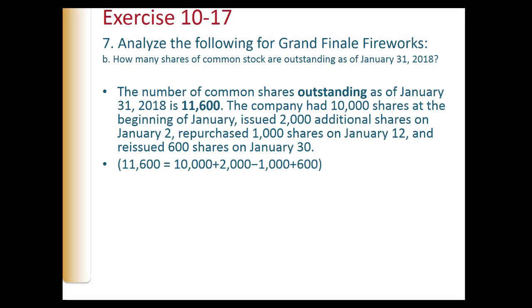Analyze the following for Grand Finale. How many shares of common stock are outstanding as of January 31st, 2018? We calculate that by the 10,000 shares at the beginning of January. We issued 2,000 additional shares on January 2nd, and then we repurchased 1,000 shares on the 12th and reissued 600 on January 30th.